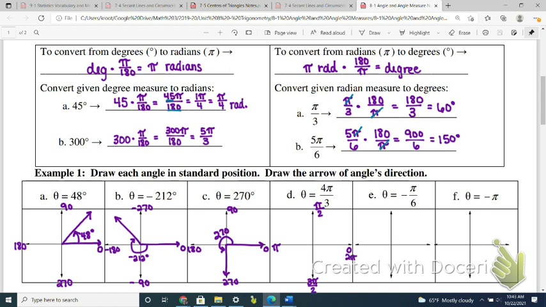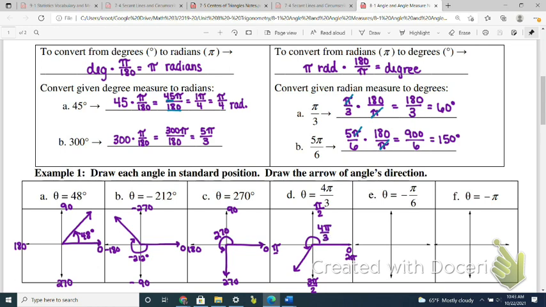Because remember, a full circle is 2 pi radians. So 4/3 is 1 full pi plus 1/3 of the way more. So here's 1 pi plus 1/3 of the next distance. So this right here is 4 pi over 3.